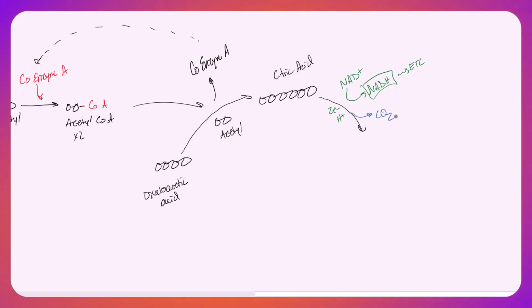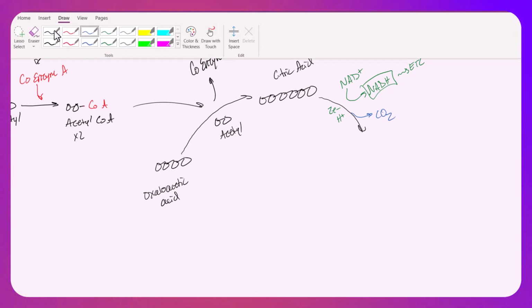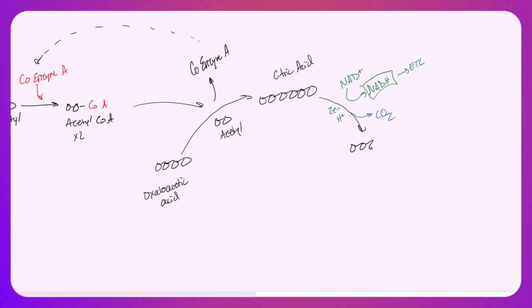That CO2, again, is going to be released to the atmosphere. Once we oxidatively decarboxylize our citric acid, we're going to be left with a 5-carbon compound because we cut one of the carbons off. And if we started with 6 and cut one off, we now have 5. That is called alpha-ketoglutaric acid or alpha-ketoglutarate. It's just simply put AKA.